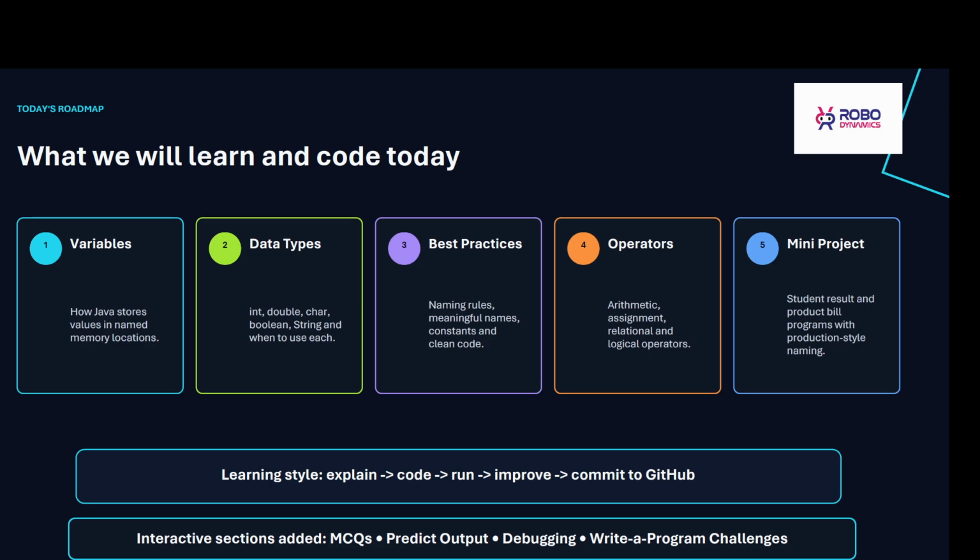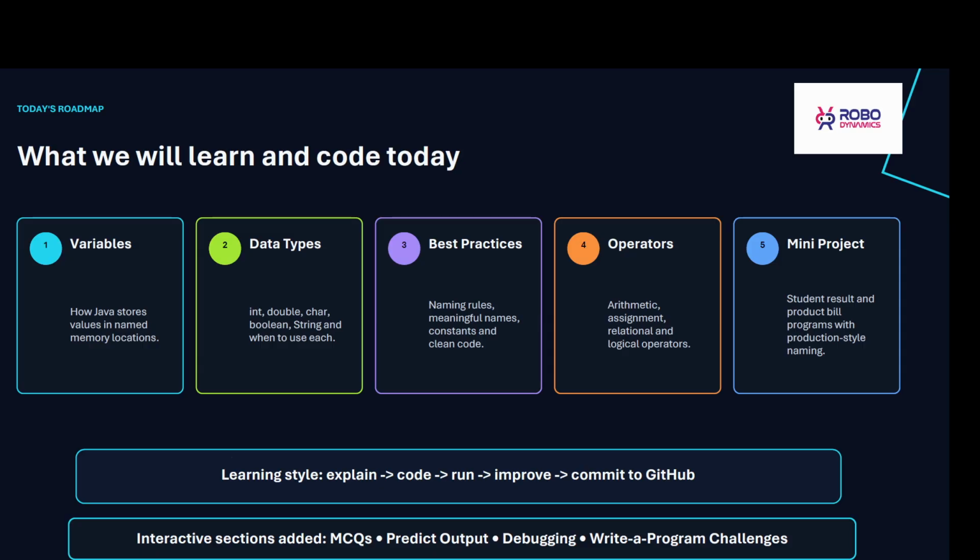The second thing is the best practices. Students in school write Java code, college students and engineering students write Java code, but there are experienced Java professionals who write code as software engineers. There is a difference between beginner level coding and writing code for enterprise applications like production ready code.